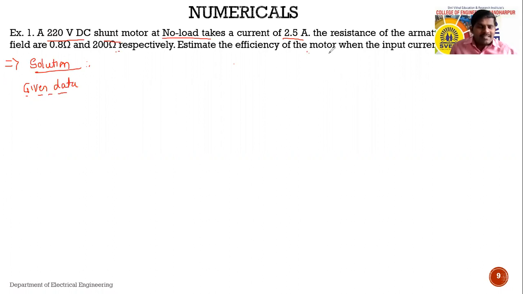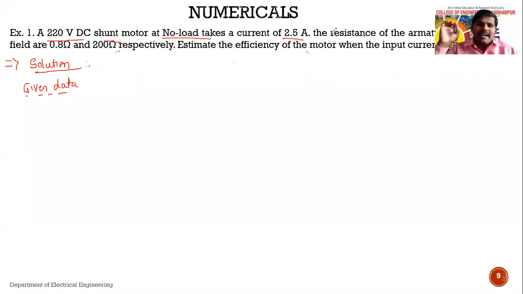We want to calculate the efficiency of that machine when the current taken from the supply is 32 ampere. Whether this problem is Swinburne test, yes, Swinburne test. So this problem is based on the Swinburne test.